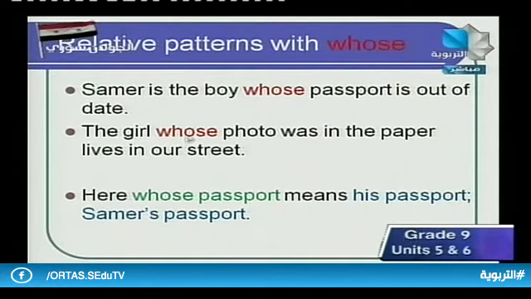Here, whose passport means his passport, Samir's passport, as we've mentioned before. The same thing is applied to whose photo, which is her photo. Dear students, you should know that we use whose when we have possession, when we want to talk about something which belongs to someone or a person, whether this person is male or female, right?